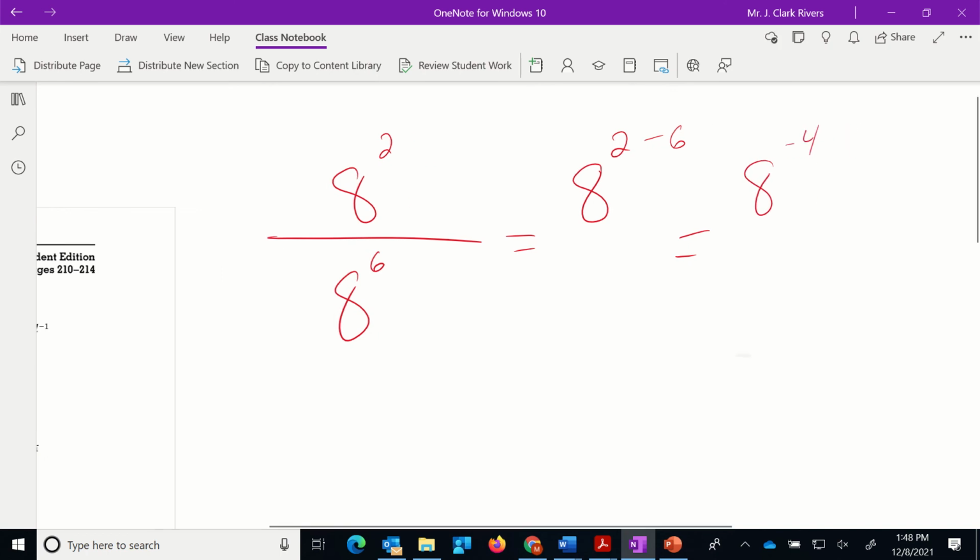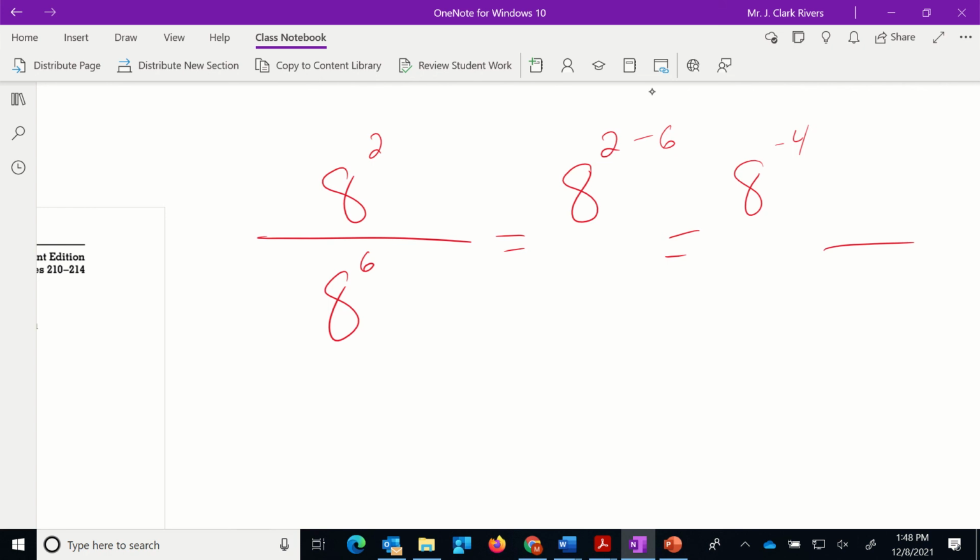And remember earlier we said this is going to be 8 to the power of 4 in the denominator? Because it is. It's the exact same thing. So if we have 8 to the power of negative 4, that's a negative exponent, you can bring it to the other side of the fraction, either down or up, and that exponent will always change signs. It was 8 to the power of negative 4, now it's 8 to the power of positive 4, and we have 1 over 8 to the power of 4.